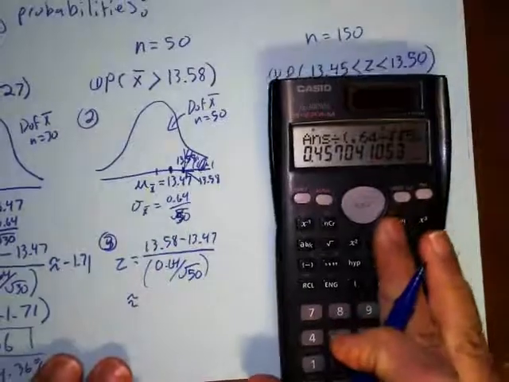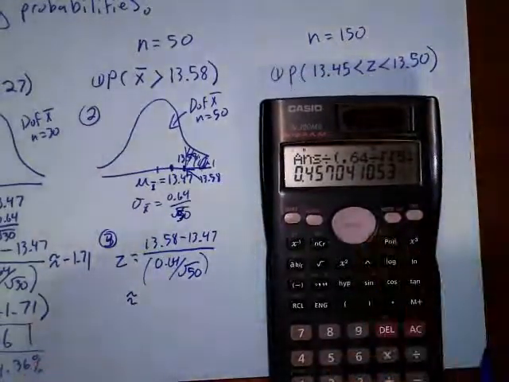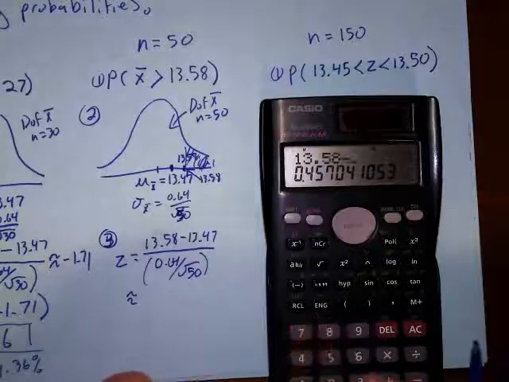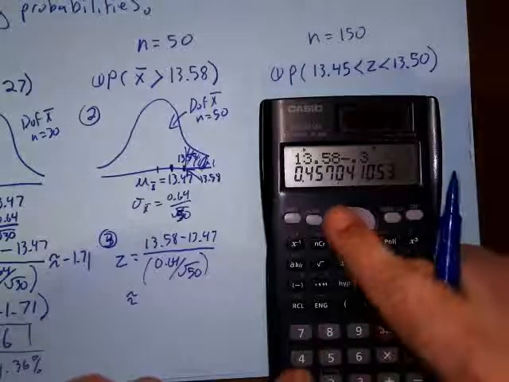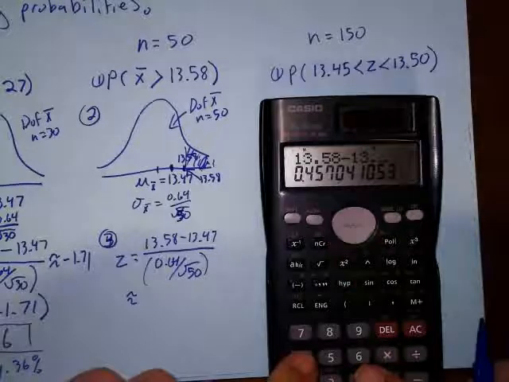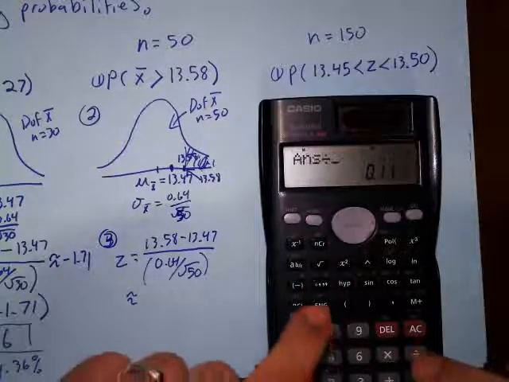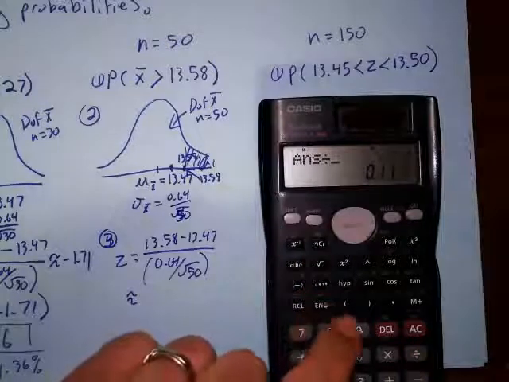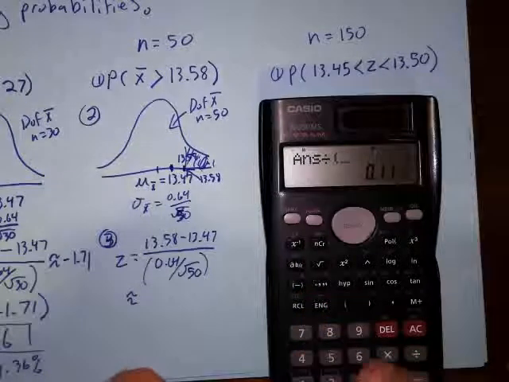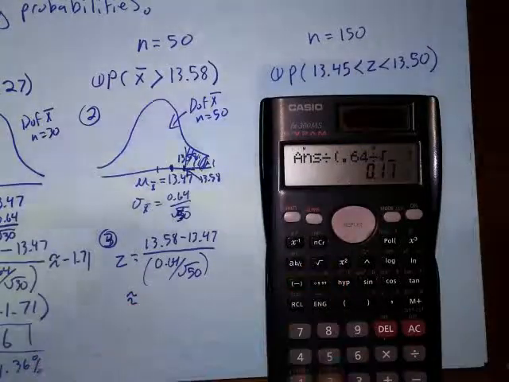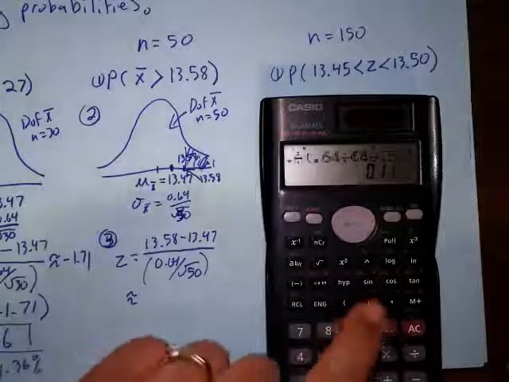0.46 it says. Let me just double check here. 13.58 minus 13.47, and then 0.64 divided by the square root of 50.